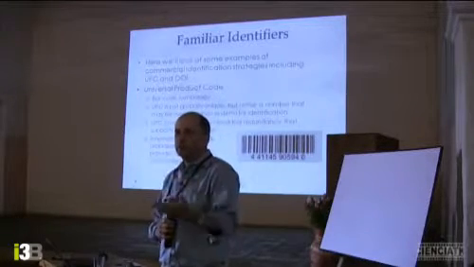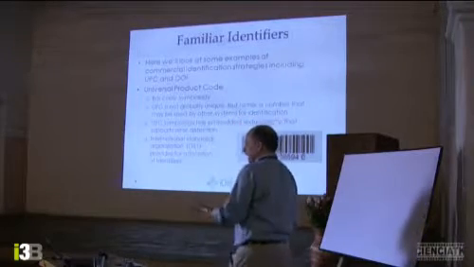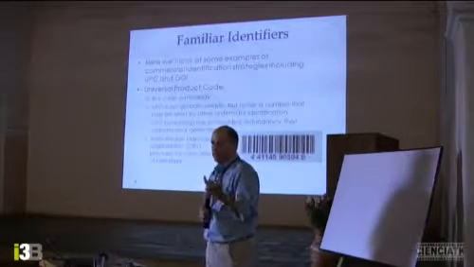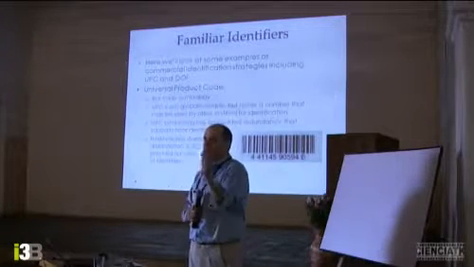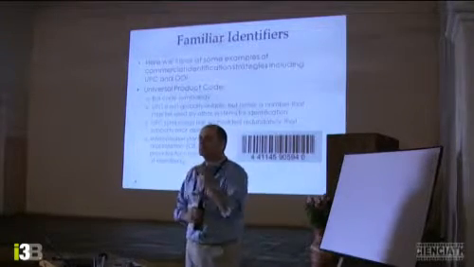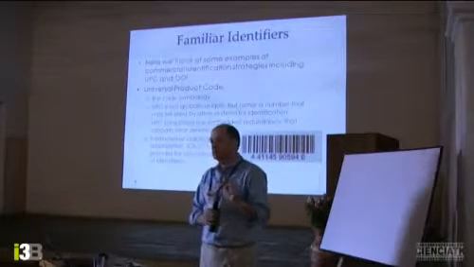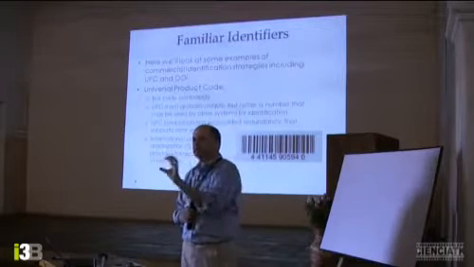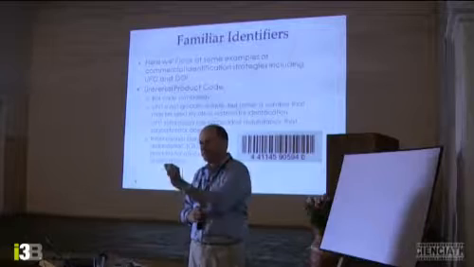They have an organization that manages these things, and it's a symbology. It's a way of presenting an identifier. It's not just the identifier, not just those numbers, but it's actually a way of presenting those numbers using a barcode. And the reason that's very important is because barcode scanners rely on it being presented in a certain way.